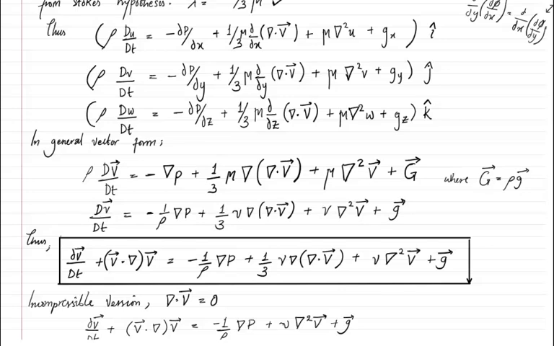Now we could divide this by the density, and then we have this expression here, where the dynamic viscosity now turns into the kinematic viscosity, nu.